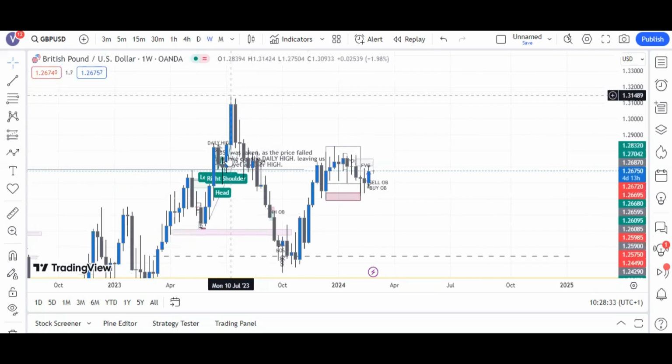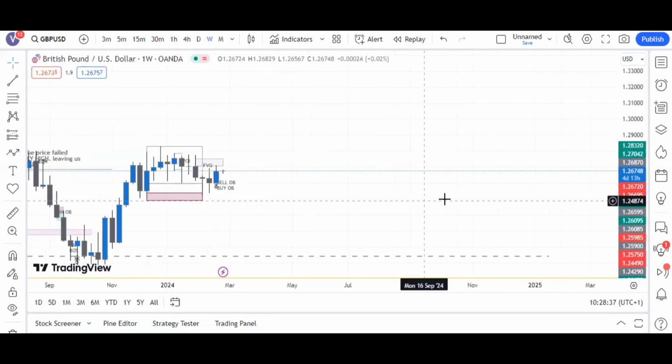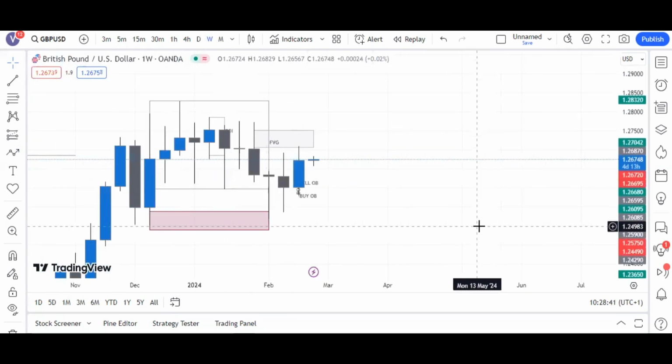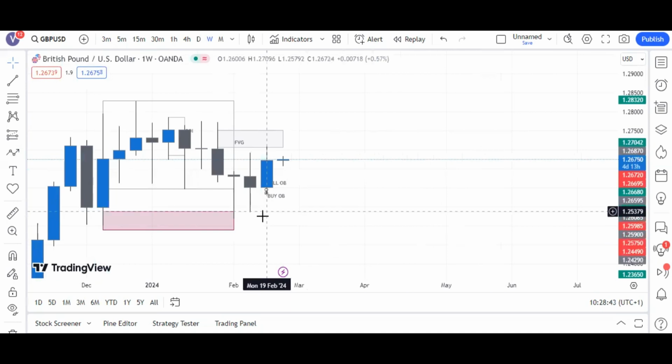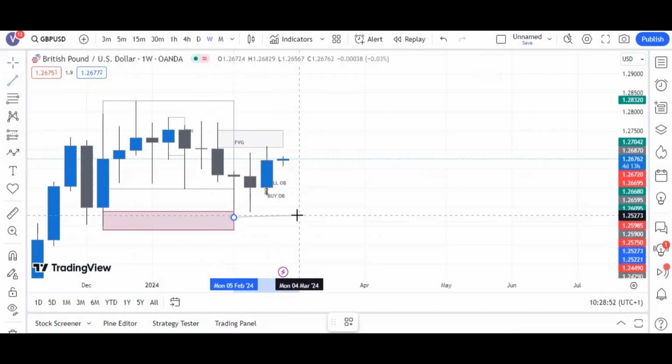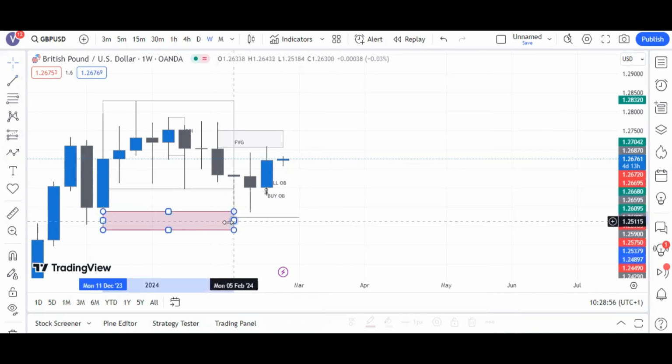So back to what I was saying, on EURUSD, we're saying we're bullish. If you look at this pair very well, we'll see that price has already printed out a low here.